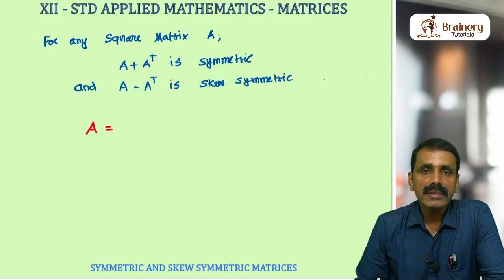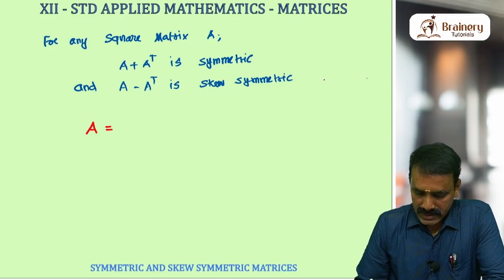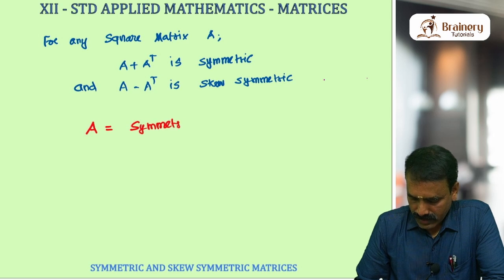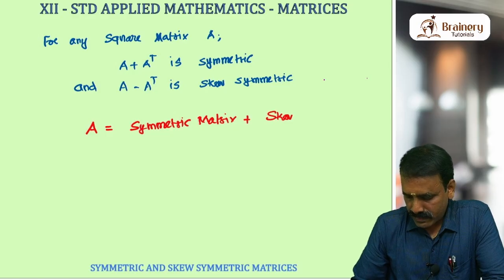We can write any matrix, which should be a square matrix, as the sum of a symmetric matrix plus a skew symmetric matrix.